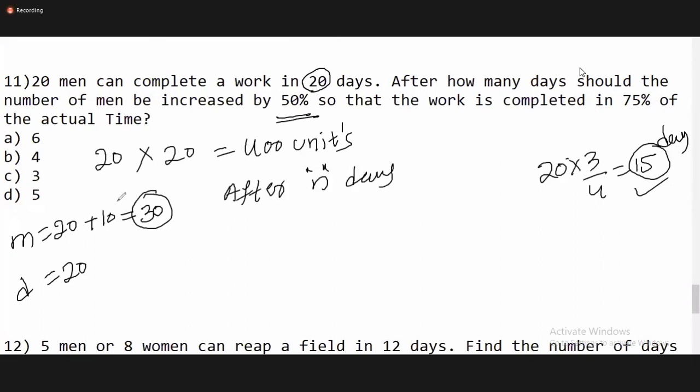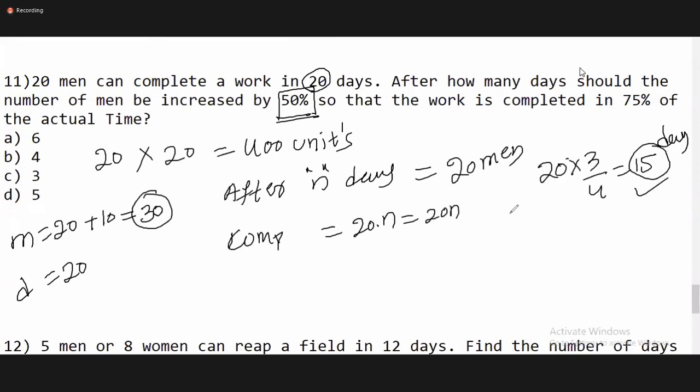Okay, guys, tell me, let's say after n days I need to increase my capacity, the men, by 50%. Tell me, in the first n days, how much work will be done? In the first n days, only 20 men will work, no? So the completed work is going to be 20 into n.